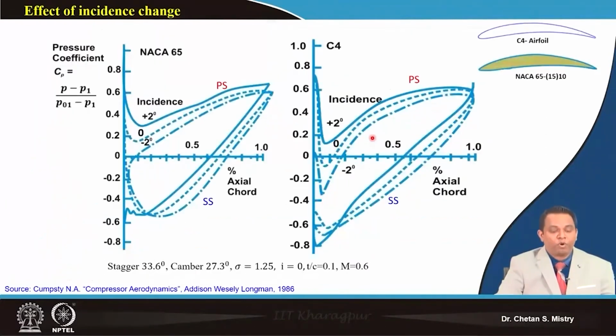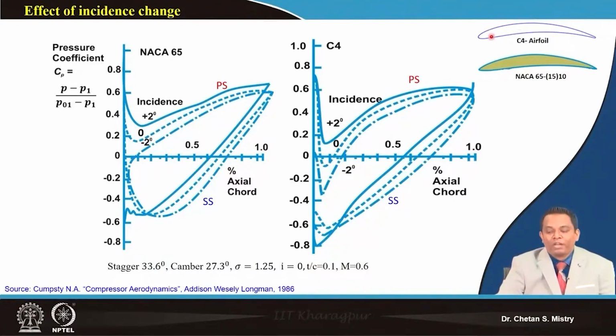Now let's move ahead. For subsonic aerofoils we have different options available, but mainly for subsonic compressors we use the C4 aerofoil and the NACA 65 aerofoil.